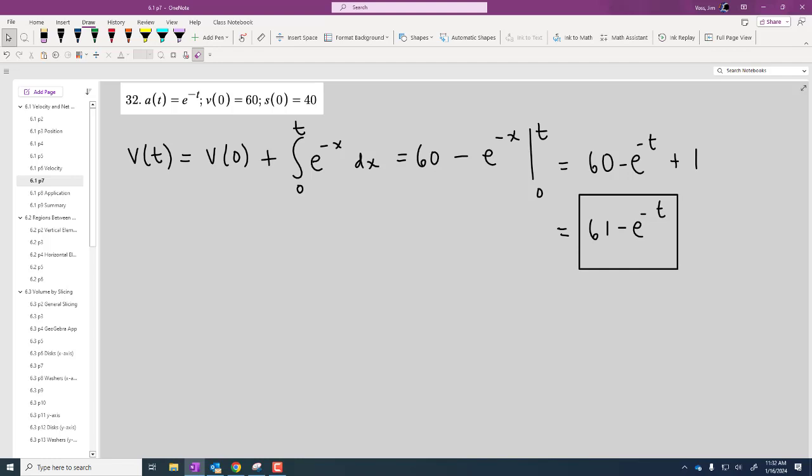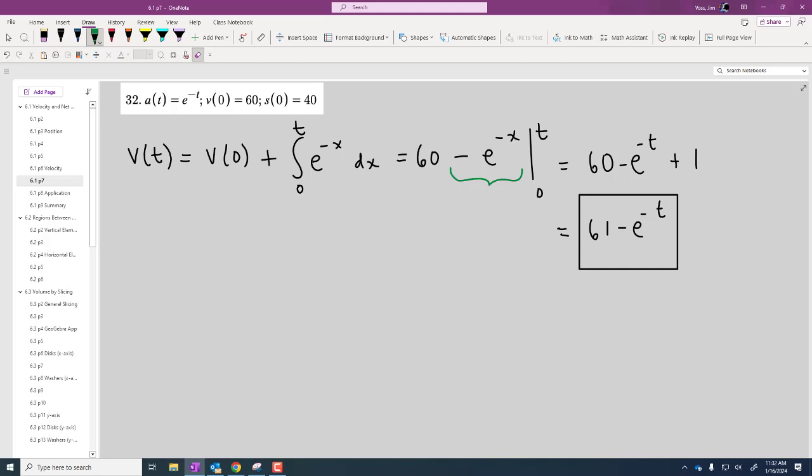Everyone agree with that, or do you need some time? So here's our antiderivative. When you plug in 0, you're plugging in the lower limit, so it's always minus the antiderivative at 0. So minus a minus will make that a plus.